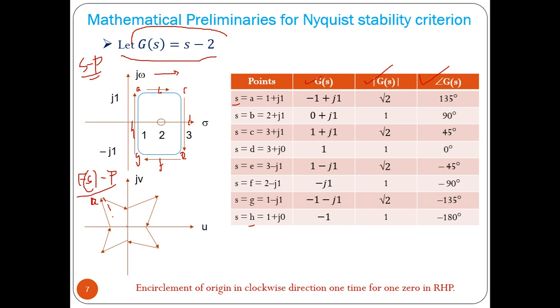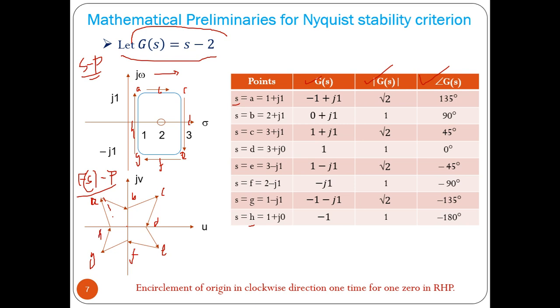Then 1, which is lesser than that, at 90 degree. This is your B. Then C at 45 degree, then 1 at 0 degree, then root 2 at minus 45 degree is E, then F is 1 at minus 90 degree, minus 135 degree is G, then we have H.